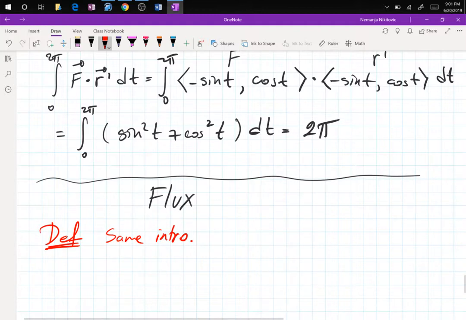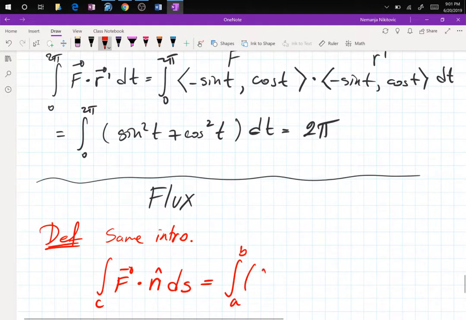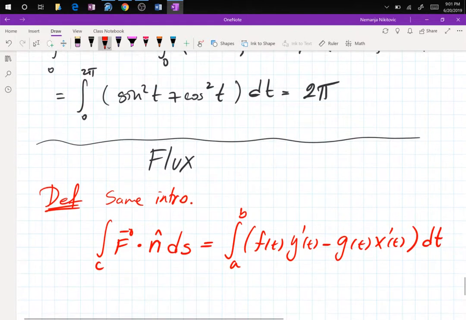And then we finally have the flux, computed as the integral of F dot normal vector n ds, which is going to be calculated as the integral from A to B of f of t y prime of t minus g of t x prime of t dt.